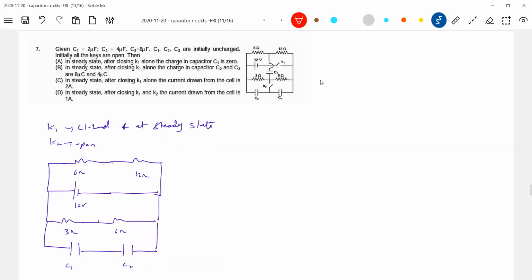So let's bring that also. C1, C2, C3 symbols. C2. This is C1.